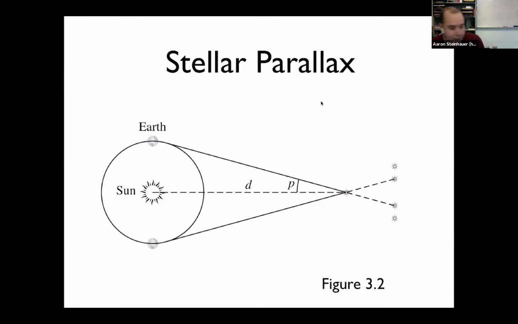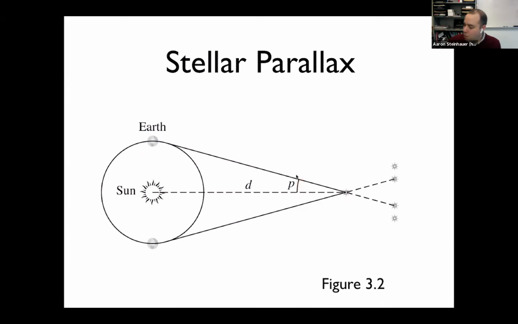So this is where we're at, and this is the geometry that we've got. Now, there's a couple of weird things. All of this is weird, but the important thing here is that as we identify stellar parallax, P is the parallax angle, this guy right here. And you'll notice the weird thing is it's not the entire angle that the star appears to move.